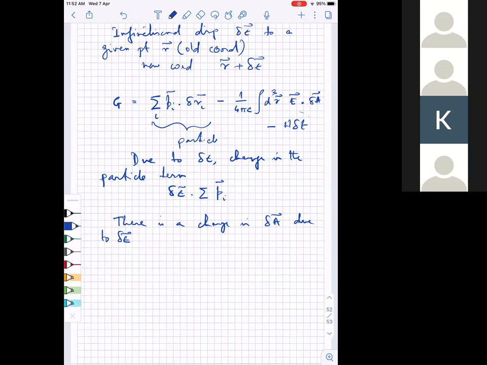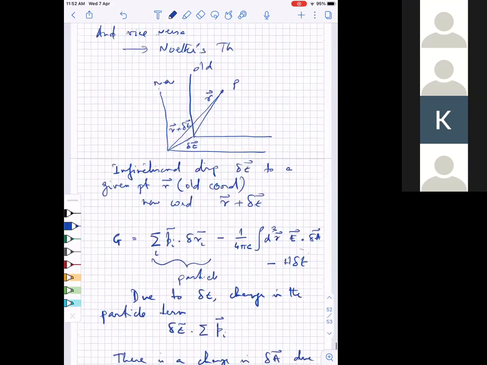Now, what we want is that if I have something at this point P, some field, it can be anything, so I'm making it arbitrary, some quantity I'm calling the field, the value of this field is unchanged.